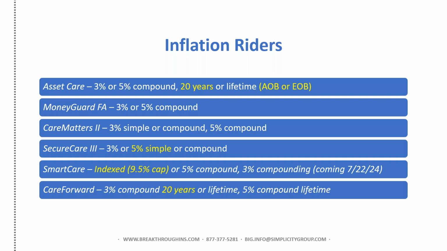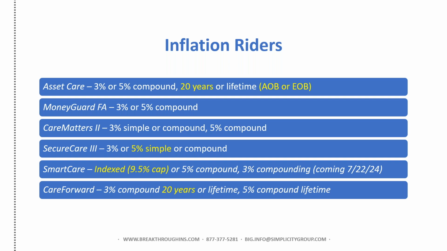So if you choose 5% simple, it's going to grow faster than the 3% compound for about 34 years, where they start to break even at that point. So 5% simple is going to give you higher growth than the 3% compound in most cases. So just take a look at both. If you're using Secure Care, see which one is better, and compare the pricing on each.